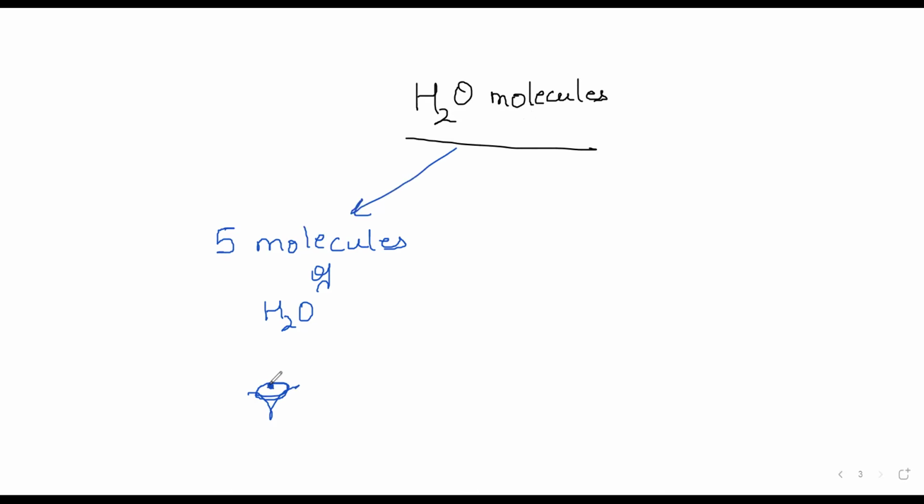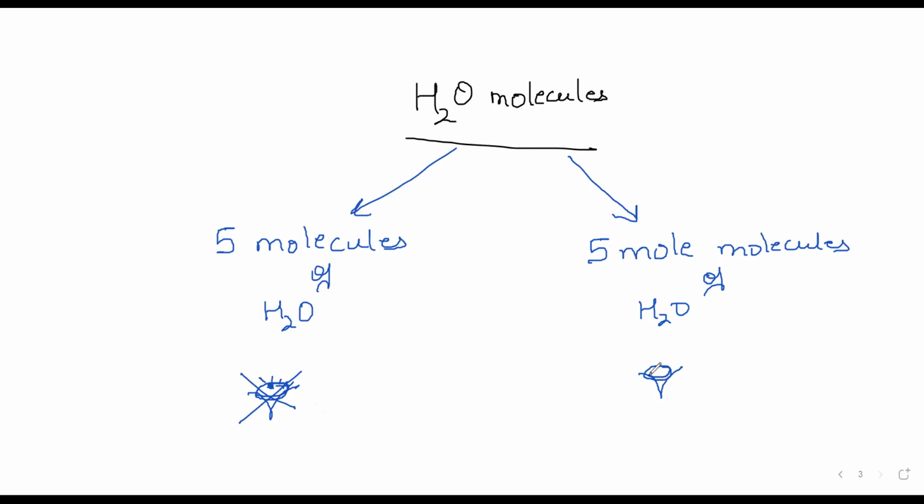Taking 1, 2, 3, 4, 5, 10, 100,000 molecules will not make them visible to the naked eye. You will not be able to see these five molecules. Whereas, on the other hand, if I take 5 mole molecules, then definitely I will be able to see them.